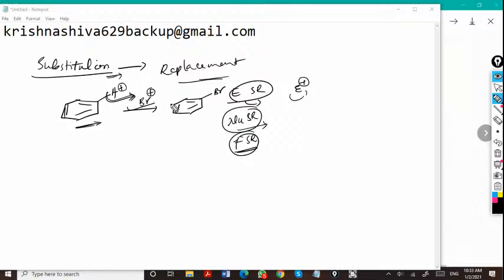So why can't we replace an electrophile with a nucleophile? We cannot do that, because once an electrophile is eliminated, the resulting species will be an anion. An anion can be attacked by a cation, or a positive species, but not by a negative species, because it is already an electron-rich system which will not be attacked by another electron-rich system.